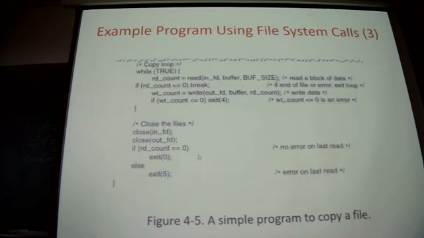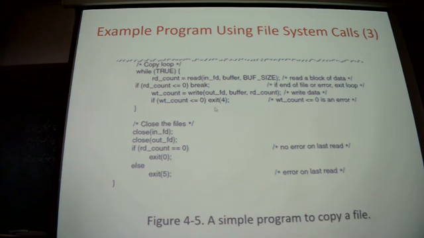Next one. This one means how many blocks we have written from buffer to XYZ. So if the value is not larger than zero, it means we didn't write anything, so we just exit.